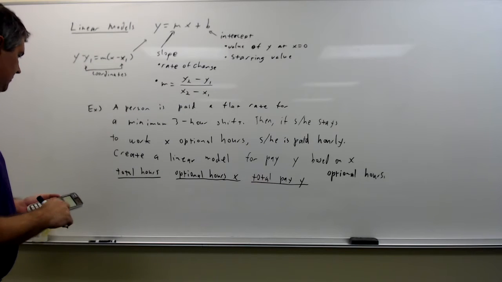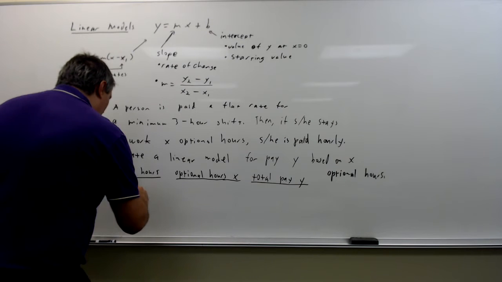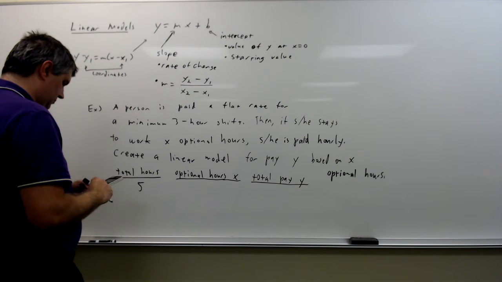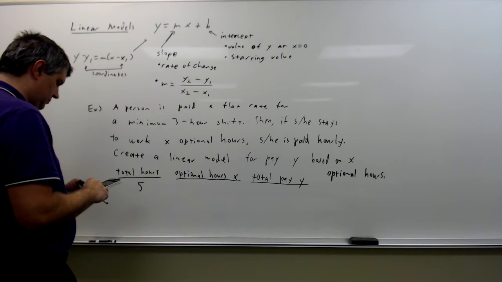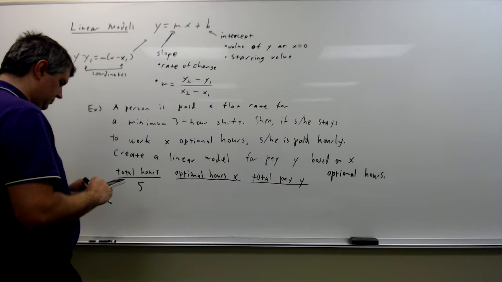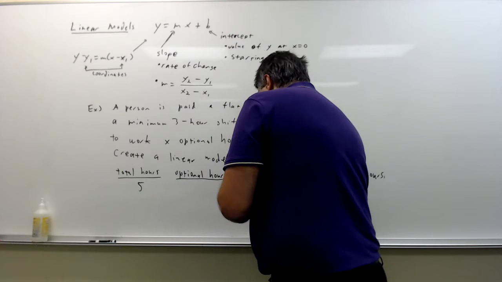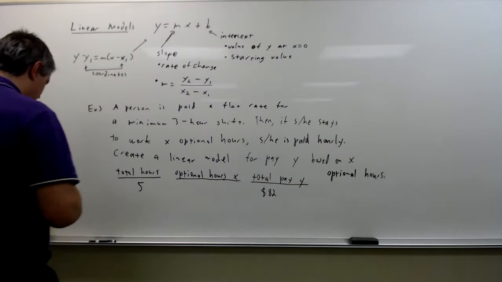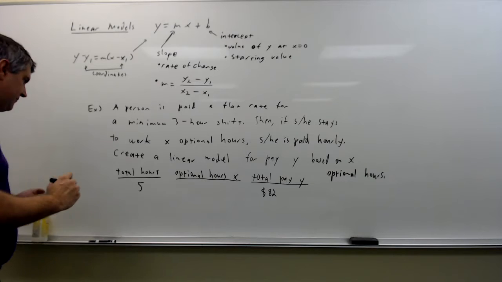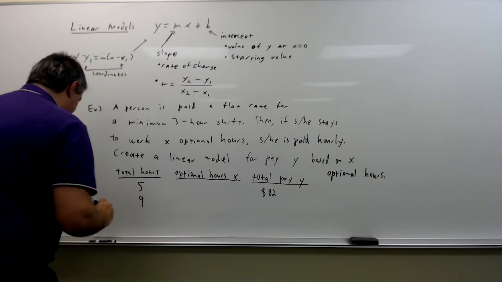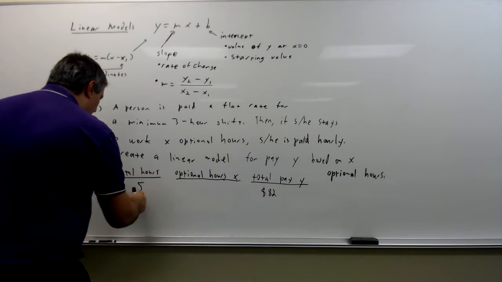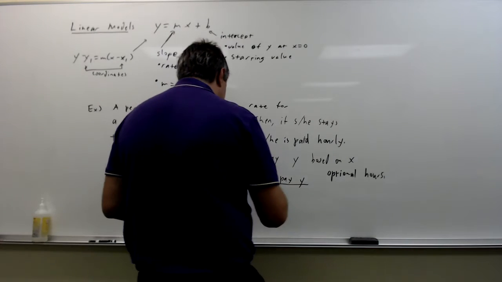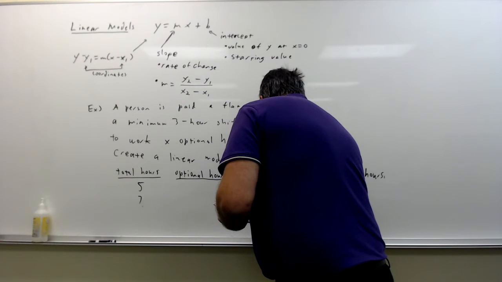Okay, now, after working 5 total hours, total pay is $82. After 7 total hours, it's $104.